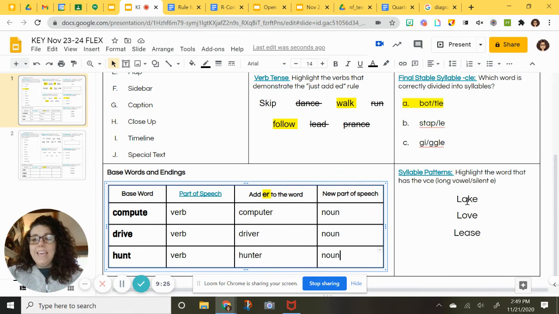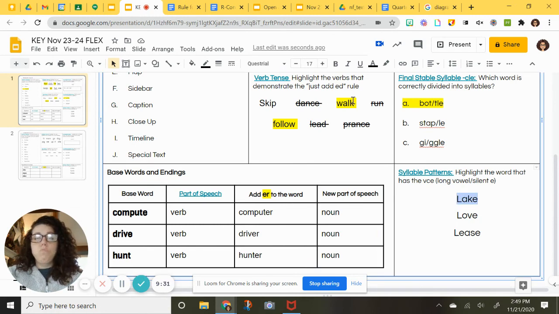So, lake, the A says its name. This is definitely one. I don't say lackey. This word, love, the O does not say its name. It will not be love.